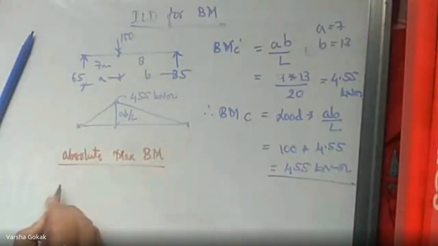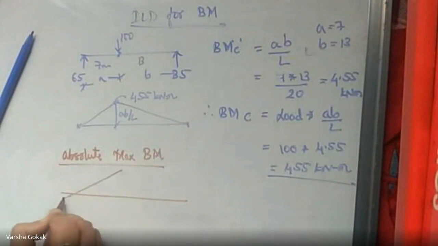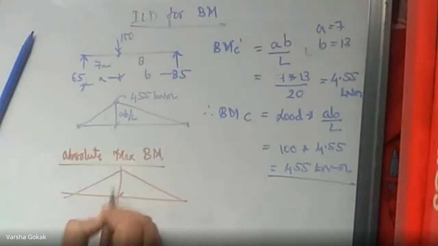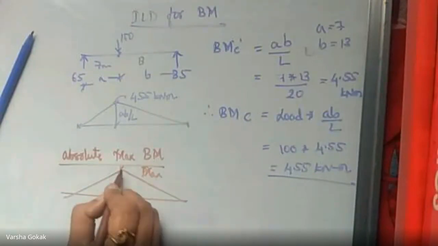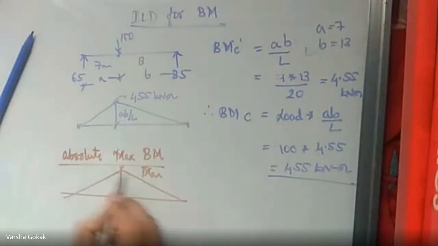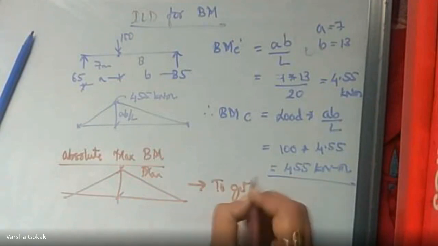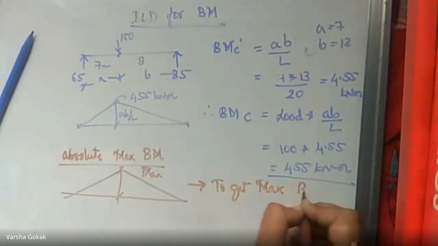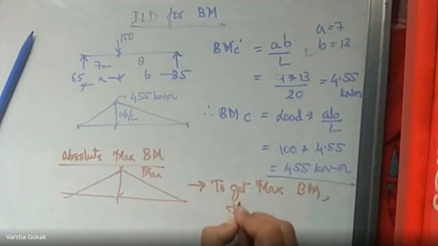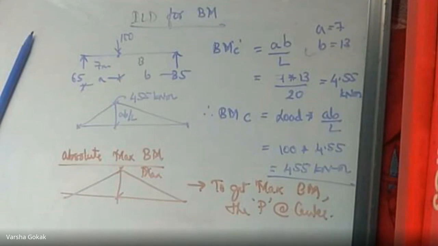I am aware that with a point load, when the load is at the center, I will get the maximum bending moment at this point. So to get the maximum bending moment, the load will be at the center.